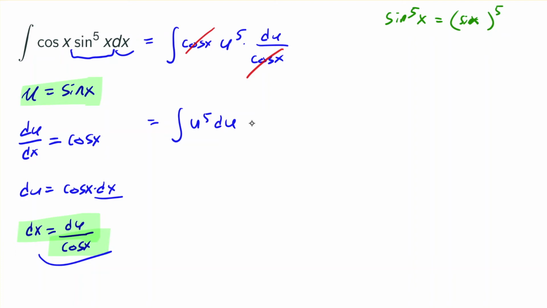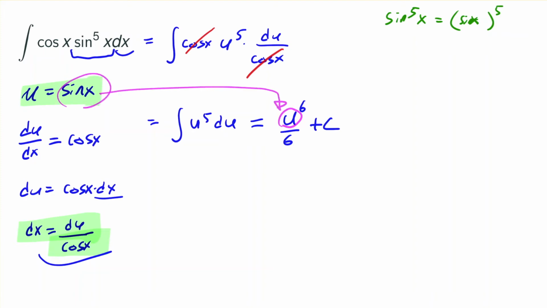So at this point, we're reversing the power rule. Add 1, divide by the number, and don't forget c. Now for the final answer, we have to plug in what u is in terms of x, so we need to plug this back in right here.